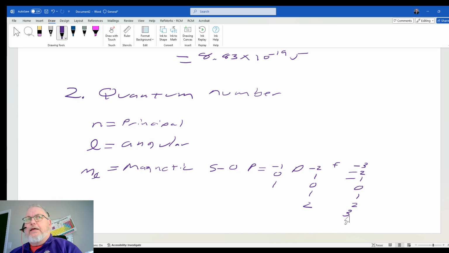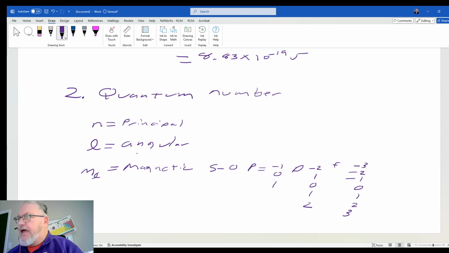Now, if a level, a principal number, can only have one orbital, like 1, it's going to be 1, 0, 0, and then of course, the MS number. We'll talk about that in a minute. All right. So those are the different orientations, the magnetic orientations.